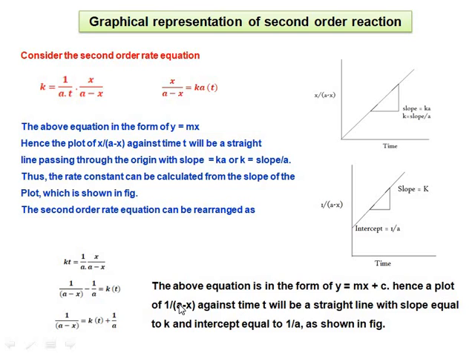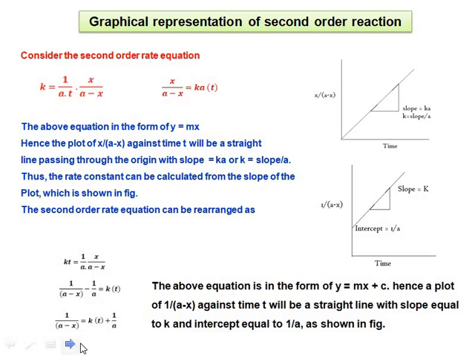Therefore, the plot of 1 upon a minus x versus time is also a straight line with slope equal to k and intercept equal to 1 upon a.